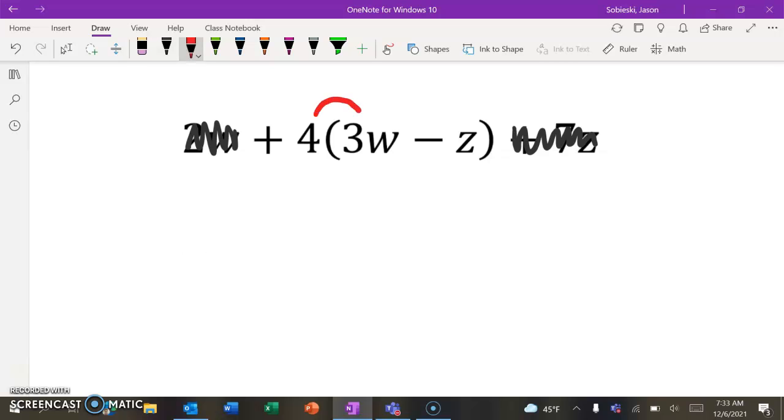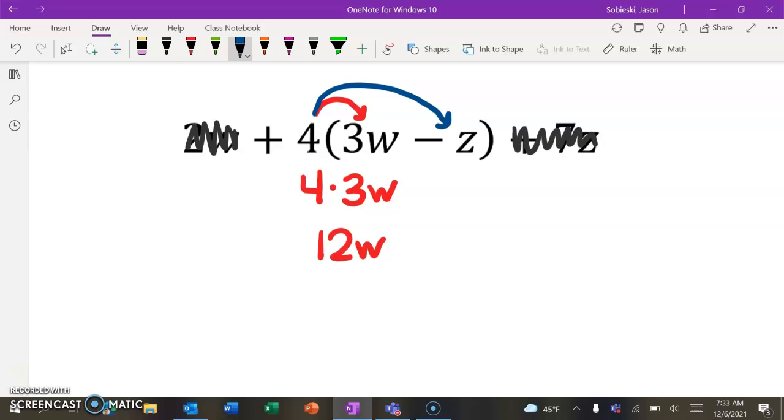So I'm going to do it with the arrow method, but you also, of course, could use the rectangle method. So let's see. For the red arrow, 4 times 3w inside, which is just going to result in a 12w. And then for the blue arrow, well, of course, we'll keep the minus sign in there.